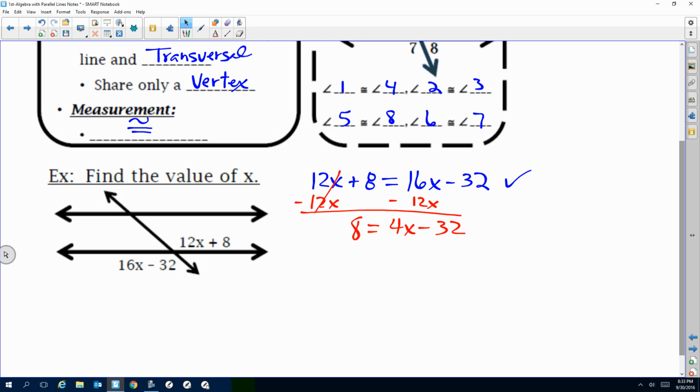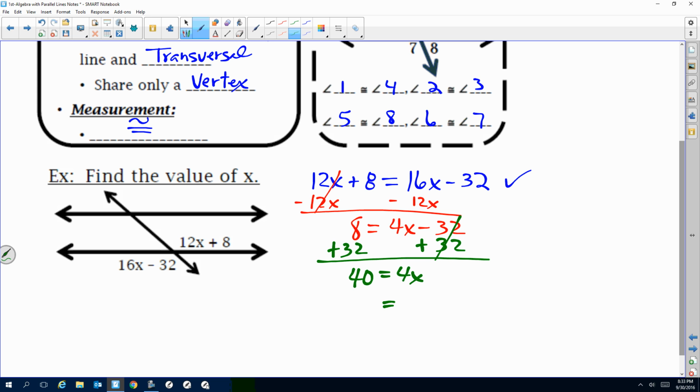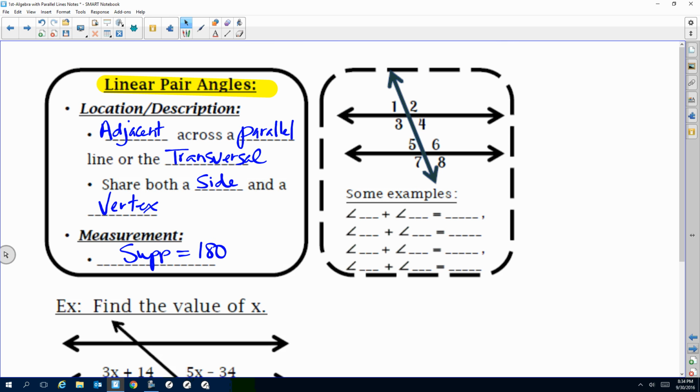And now to isolate my 4x, since it's minus 32, I'm going to do the opposite, plus 32. Plus 32, always do the inverse, so it can cancel out. So this will leave me with 40 equals 4x, and then hopefully you can see x equals 10 if you divide by 4. So you're still going to be responsible for recognizing vertical angles and writing the equations for vertical, and you're going to be responsible for linear pair.